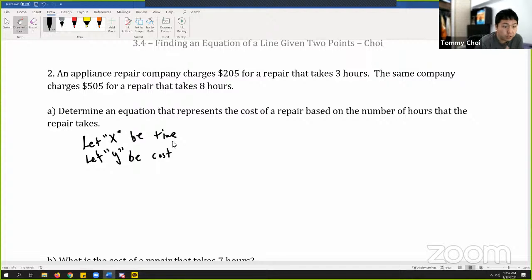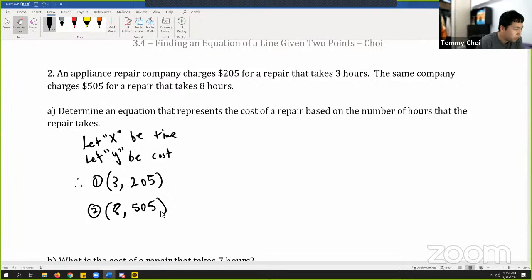There's not two companies, Kuzli. It's one company. So for us, therefore, the first point is 3, 205, and the second point is 8, 505.